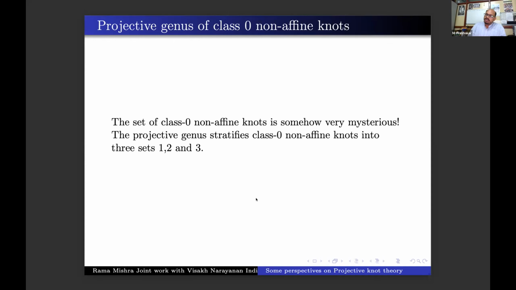Is it possible to define virtual knots also in RP3? Actually, the whole idea of virtual knots is replacing S3, the 3-manifold, with a thickened surface, so surface cross interval. That's the theory of virtual knots. So virtual knots are already knots in some 3-manifolds.